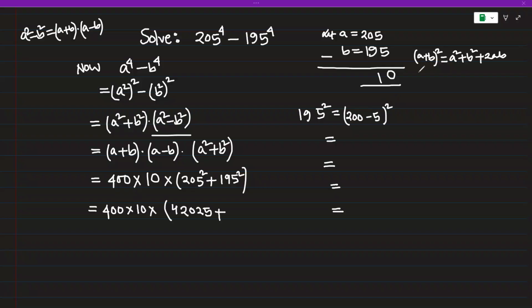And we use another algebraic identity, which is a minus b power of 2 equal a square plus b square minus 2ab.